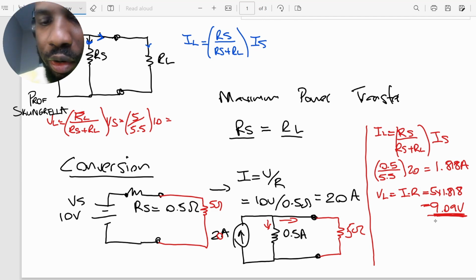So that gives me 9.09 volts. So you can see that the voltage is the same after the source conversion.